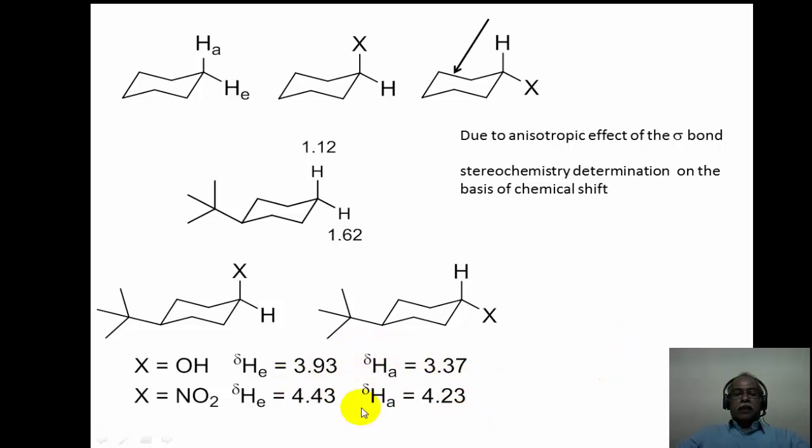This is illustrated very clearly by these two examples: the cis configuration, with the tertiary butyl and X being cis, has a higher delta value, whereas the trans configuration has a lower delta value in the NMR spectrum, which is very useful for the identification of the cis-trans isomer. These are essentially diastereoisomers, and they can be easily distinguished purely based on the chemical shift value of the hydrogens, which are distinguished as equatorial or axial in nature.